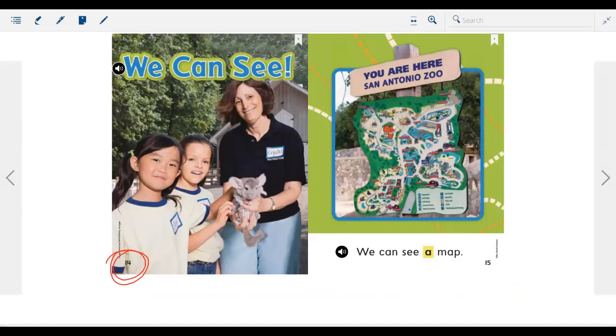The title of this story is We Can See. So you should recognize some of those words. Those are some sight words that you've been studying if you've been in the Zoom classes. So these are going to be some spelling words that you should know how to spell.